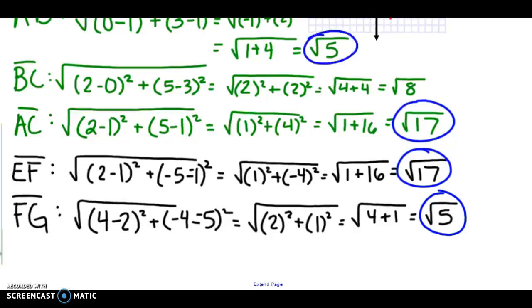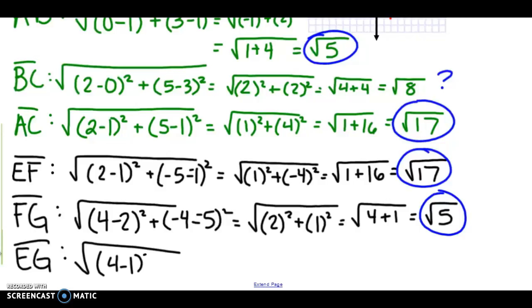So we need to see then if EG is the square root of 8. So let's check that out. So EG. Alright, well, the distance from E to G was 4 minus 1 squared plus negative 4 minus a negative 1 squared.